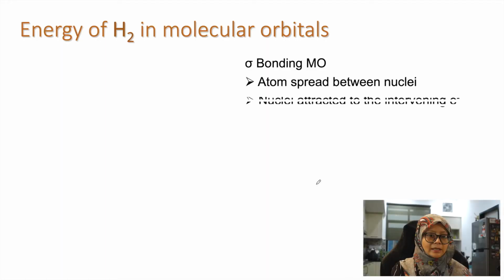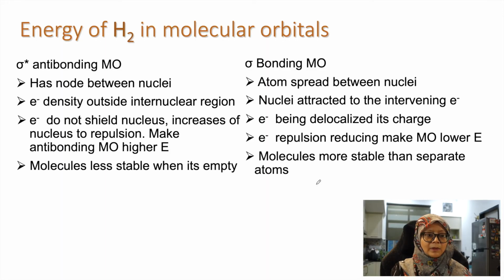Why is the bonding molecular orbital lower in energy? These are the differences between the sigma star anti-bonding MO and the sigma bonding MO. If you look back at the previous slide, the sigma star anti-bonding has a node between the nuclei, and the electron density is outside the internuclear region.